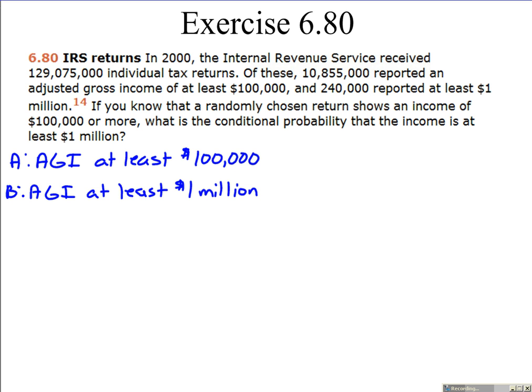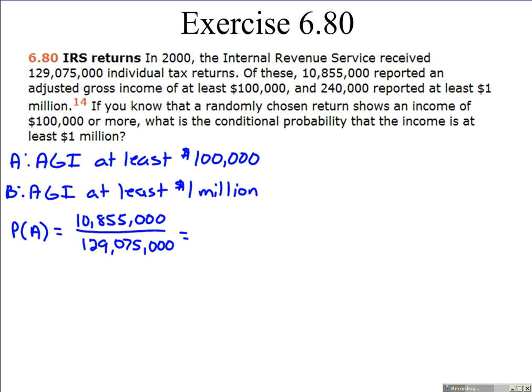Probability of event A happening: well, we're told that 10,855,000 out of the 129,075,000.